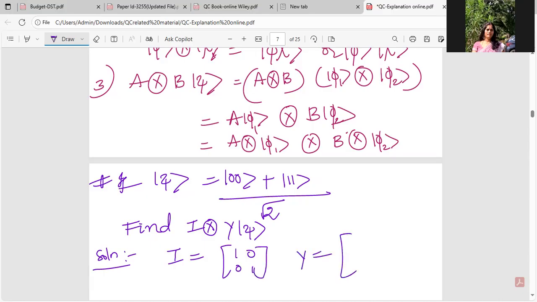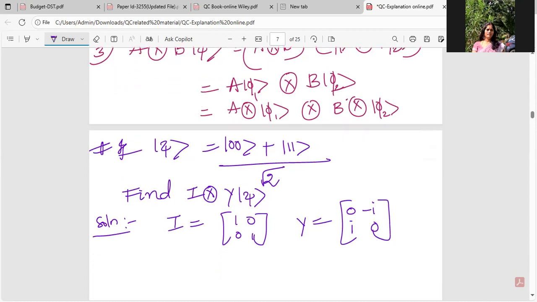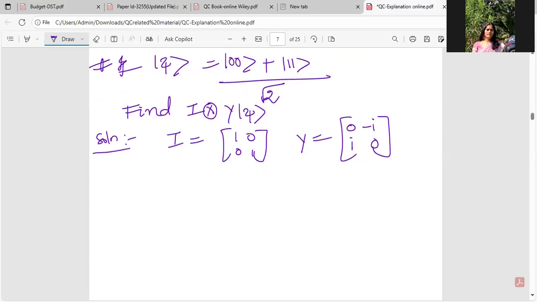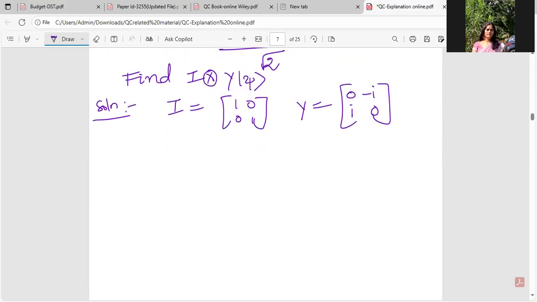Y is nothing but the matrix 0, -i; i, 0, minus i 0. Okay, the Pauli Y gate. So tensor product. Xi is being given to me as tensor product of two things. Let me write what they are so that I can apply the property properly. Okay. Given, what is ket xi?